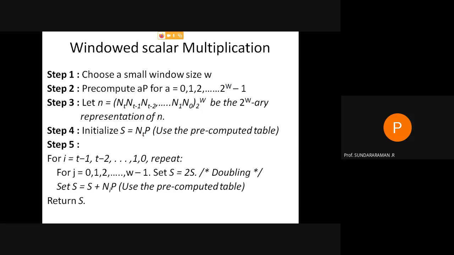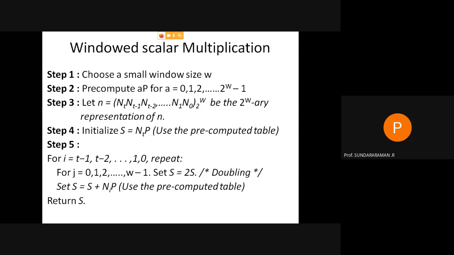Then step 4 is done only during the start of the multiplication process. That is, we have to just initialize the value. First value we have to initialize. After that, that is n_t into P. T is the first element. P is the given point. For the first time we have to just initialize it.